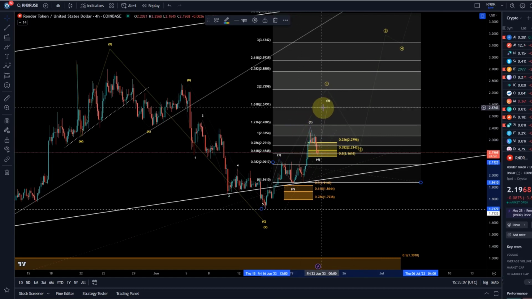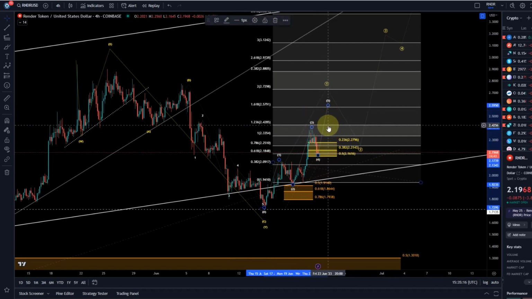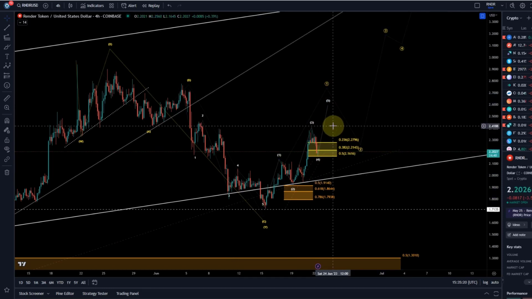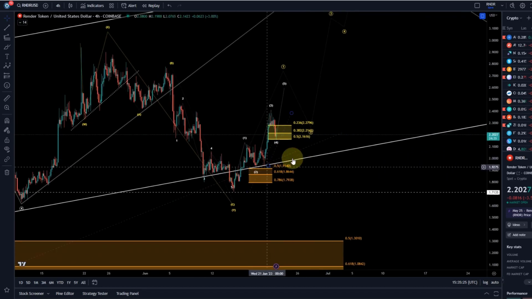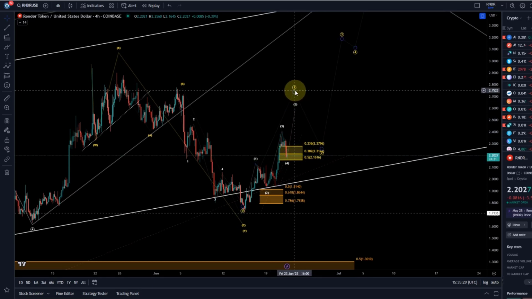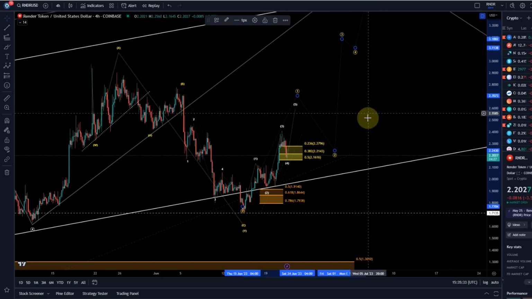But as you can see here, the 1.618 extension was at 258 and it didn't reach it. Nevertheless, it's holding the 50% retracement, so it can still turn around, but just be aware if it loses that, it's again getting a bit messy. It could then find support at this trend line maybe again, and then we take it from there. But ideally, if we get one more wave up, then it is a wave 1, can then pull back in a wave 2, then a wave 3, and so on.